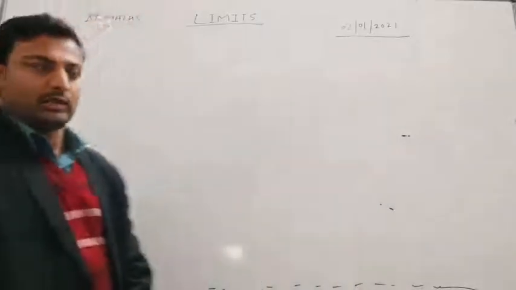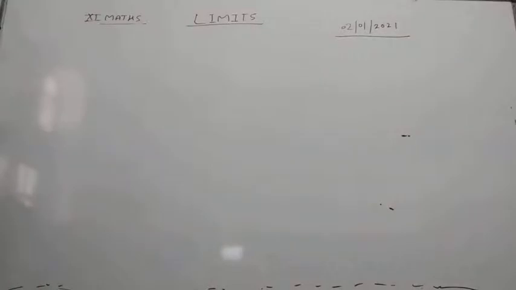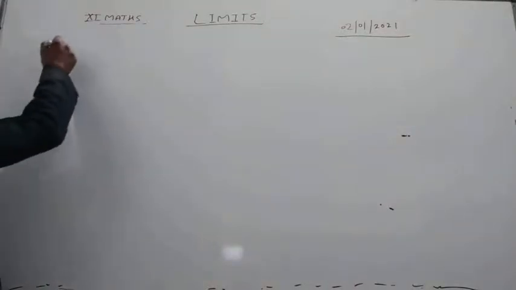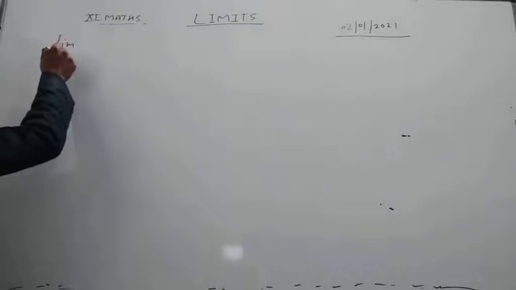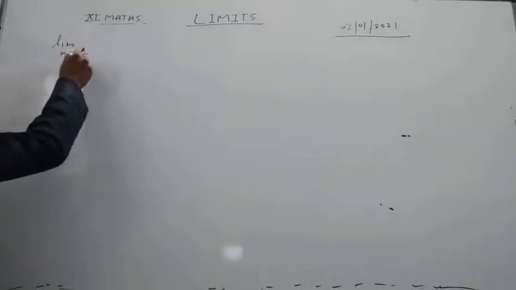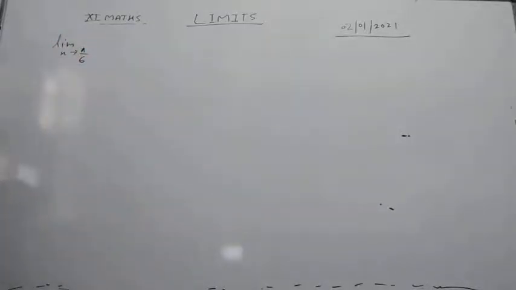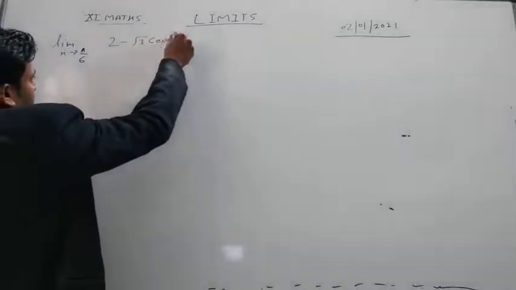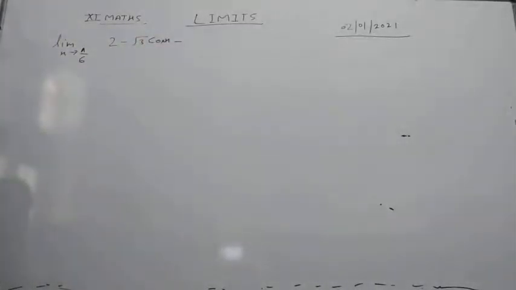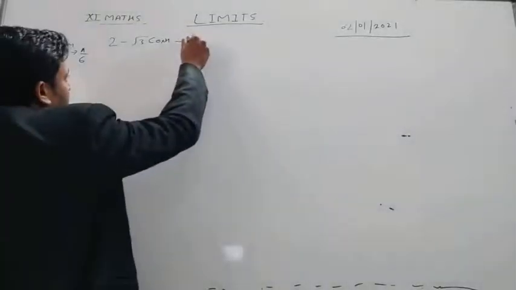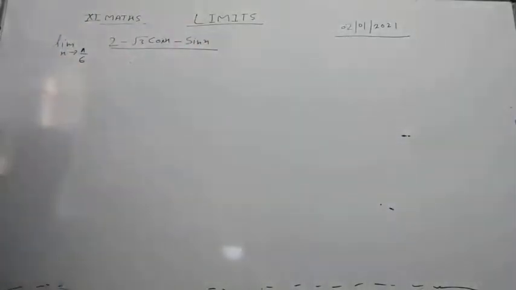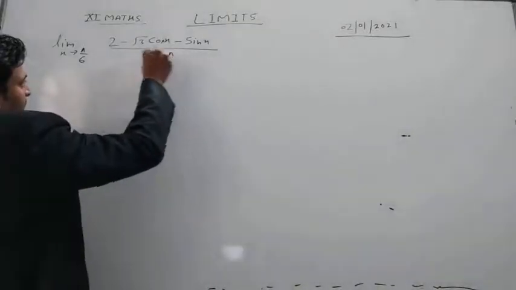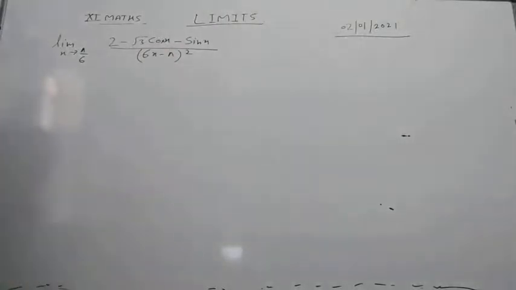Let's see. Our first question is limit x tends to pi by 6 of (2 minus root 3 cos x minus sin x) by (6x minus pi) whole square.